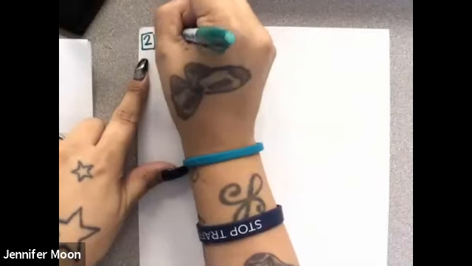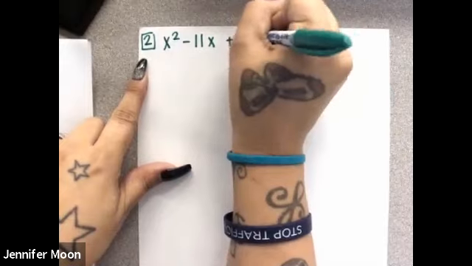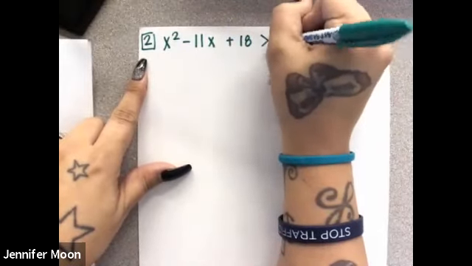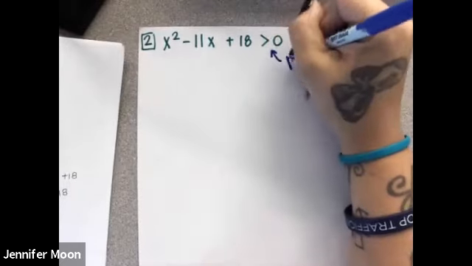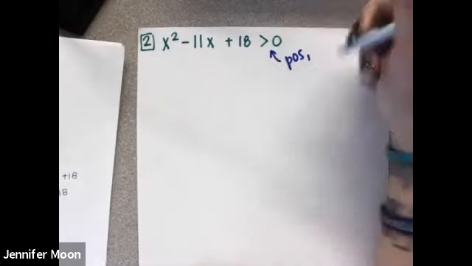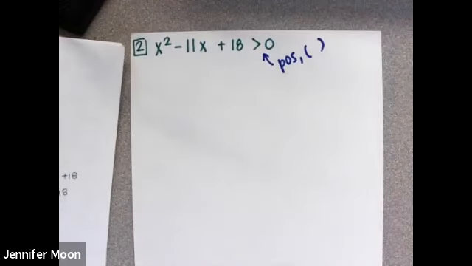So x squared -11x positive 18 greater than 0. So am I looking for positive or negative values? Yeah, greater than 0 means positive. Looking at that inequality symbol, I know that for my interval notations and whenever I actually get to that last step, graph it on a number line, I'm using parentheses, right?